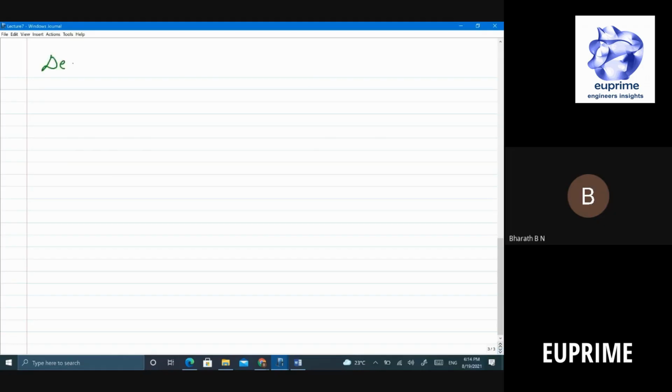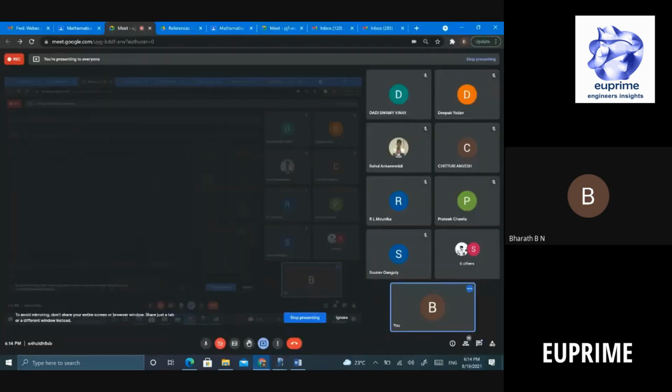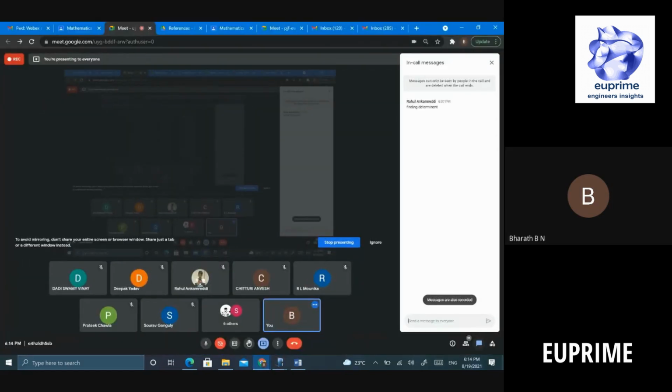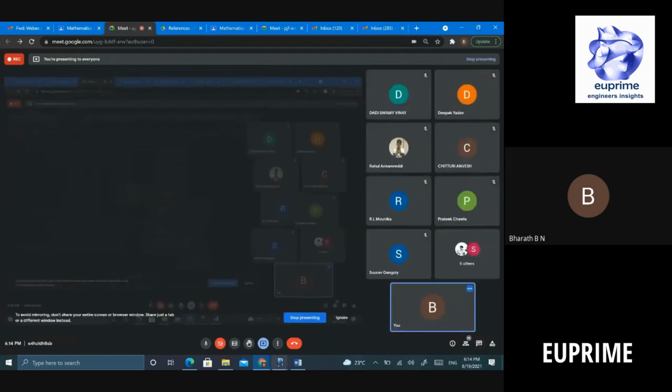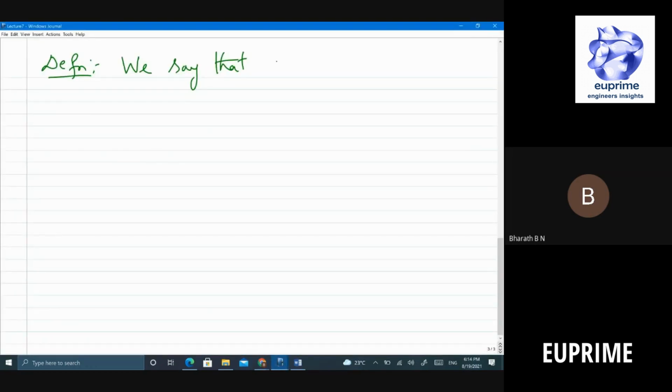Okay, so what do you mean by orthogonal? We say that two vectors v, w belonging to V are orthogonal if... So when you take the dot product of two vectors, if it is 0, they are orthogonal, perpendicular.